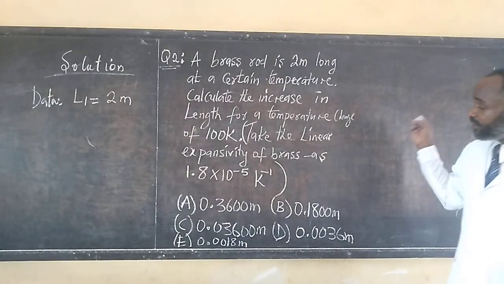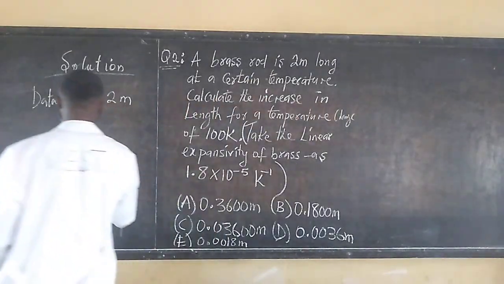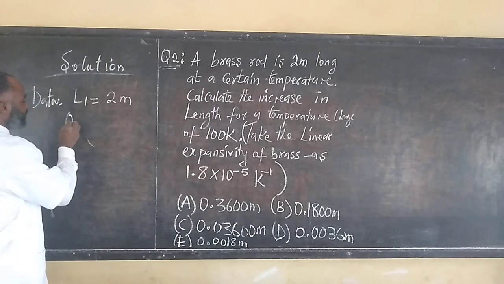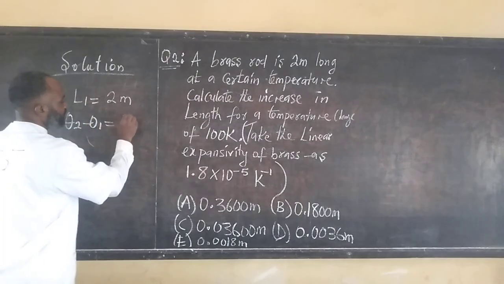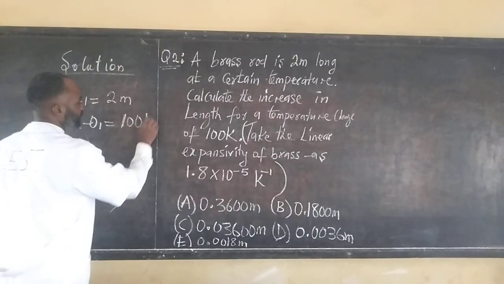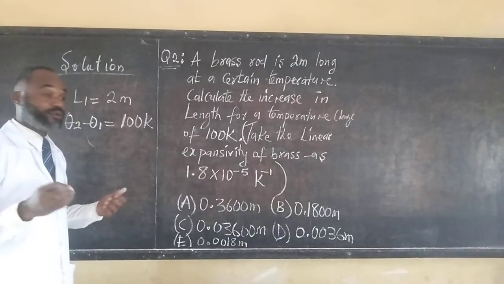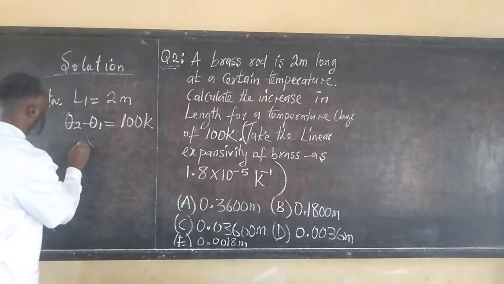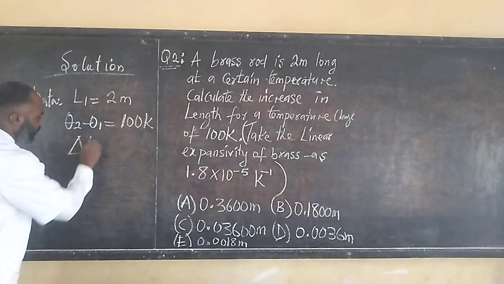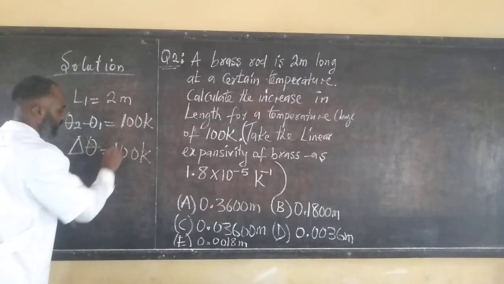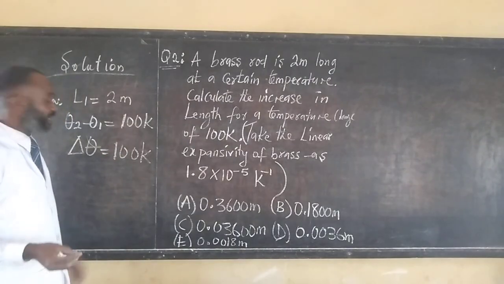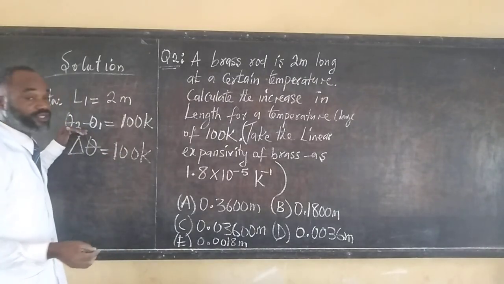Do we have another thing? Nothing. So we have temperature change, theta 2 minus theta 1, is equal to 100 Kelvin. Or we can write this in a very short form by writing just delta theta is equal to 100 Kelvin. That's the short form of temperature change.